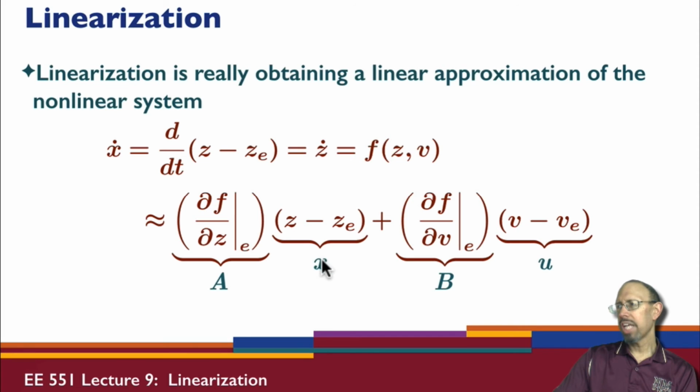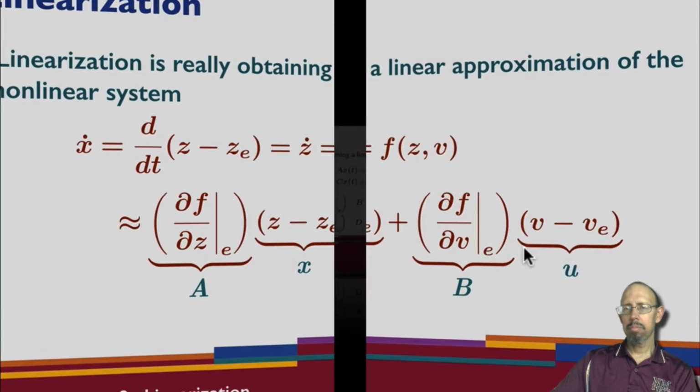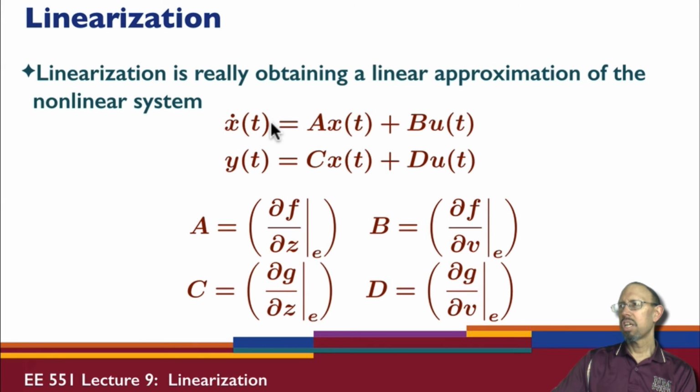This quantity is what we've called x, this quantity is what we've called u, and now I define this to be A, and this to be B. And so we have x dot is equal to Ax plus Bu. And that is a linear state model. So in linearization, we would basically have x dot is equal to Ax plus Bu, y is equal to Cx plus Du, where A, B, C, D are given by the partials of f and g with respect to z and v. We'll take a look at this when we look at practice problems.